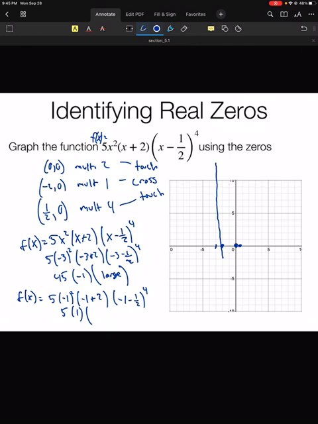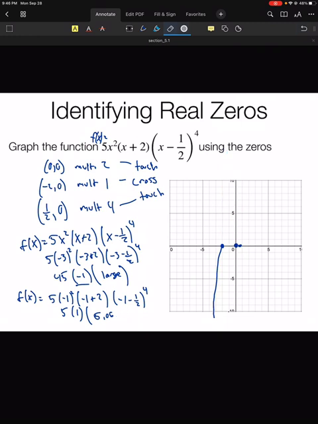I'm sorry, I just realized a mistake. It's not coming down from the top. It's coming up from the bottom, which makes it a very large negative number. So we're coming up here. This is times 5.06 something, so that works out to be about 25.